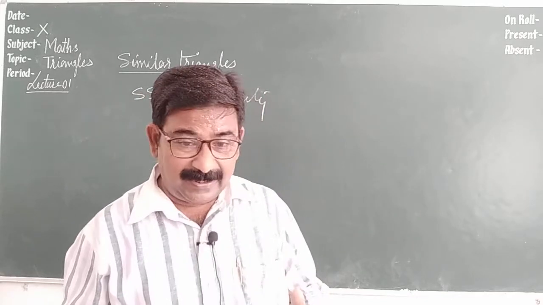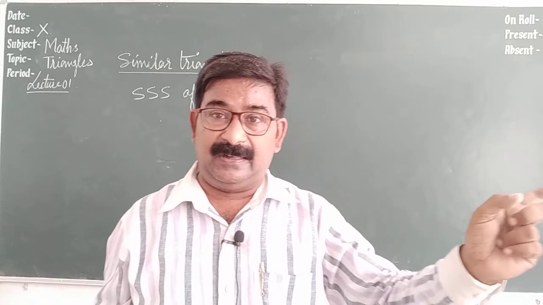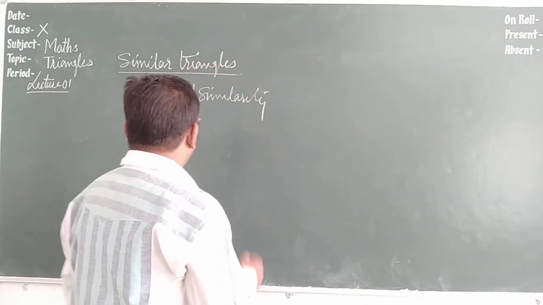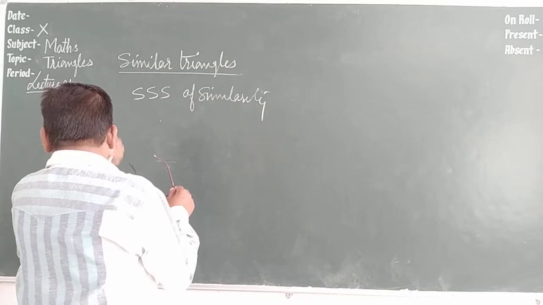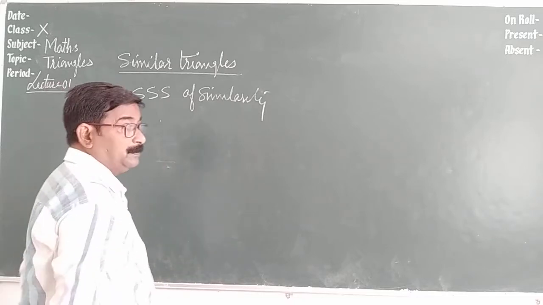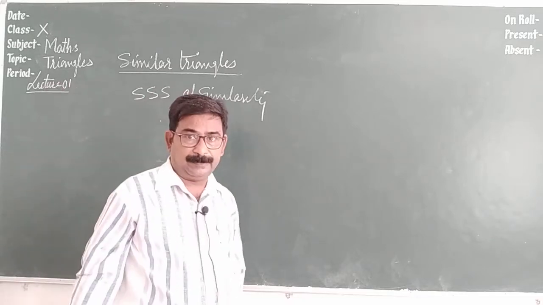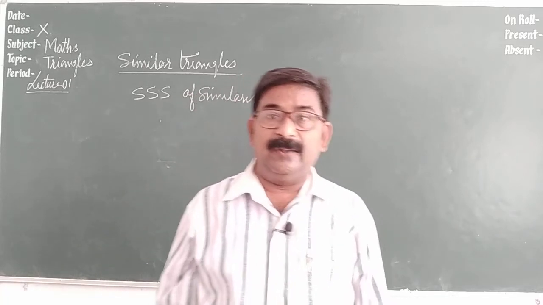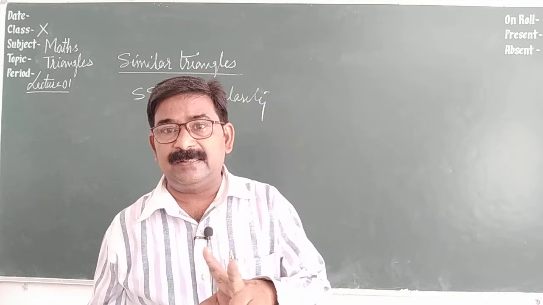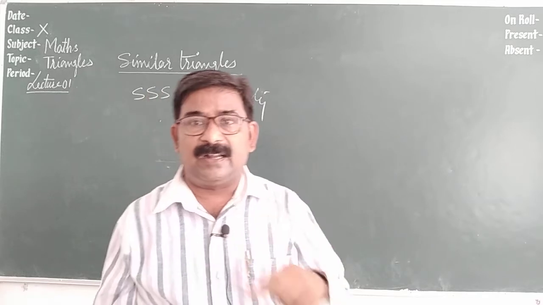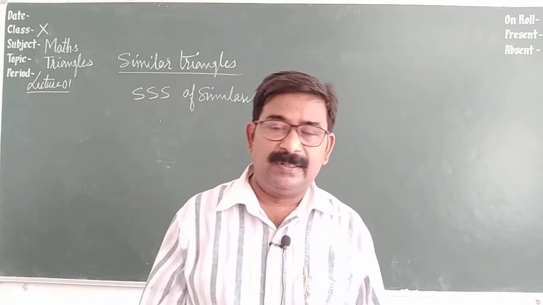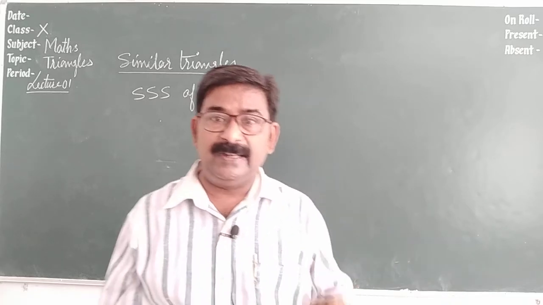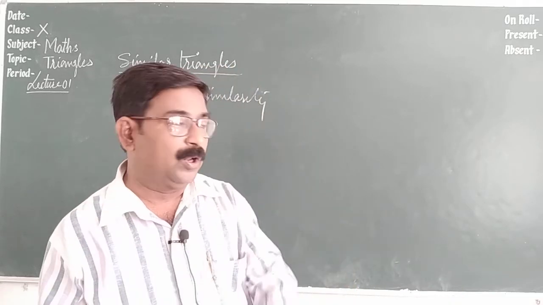You will think that side, side, side was in congruency also, and in similarity also. Then what is the difference between similarity and congruence? In congruence, if in two triangles all sides are respectively equal, then the triangles are congruent. In congruency, sides must be equal.